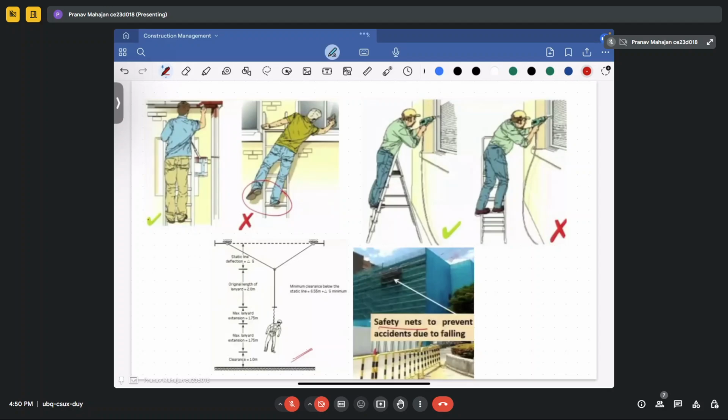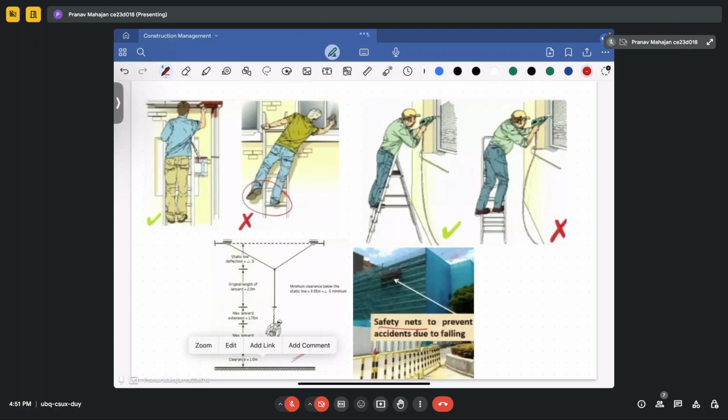From figure one, you can see how he is using that ladder and how he is leaning on that particular ladder, which may cause the person to fall from a large height. In another figure, you can see how you can use the ladder for carrying out that work.